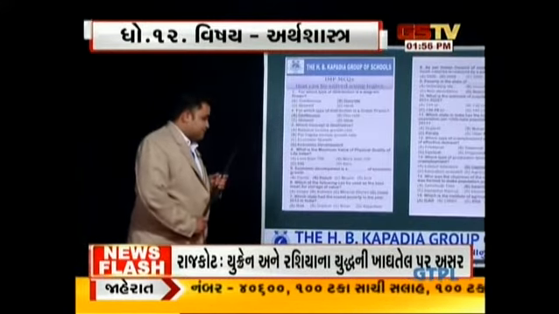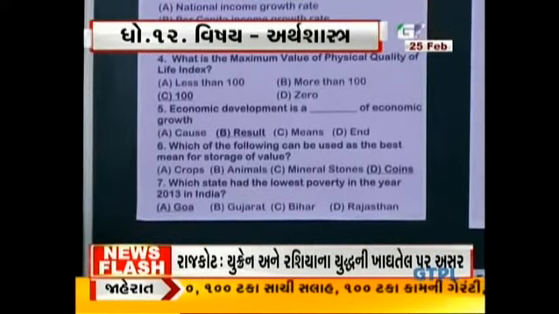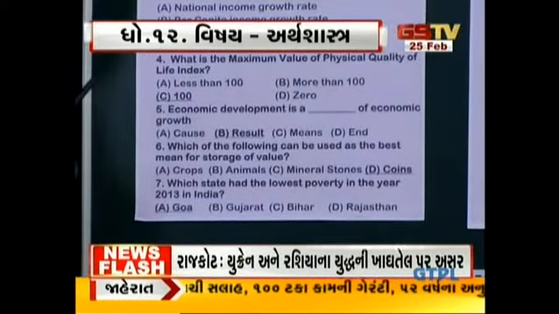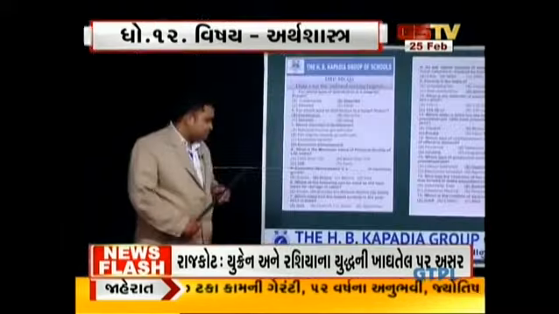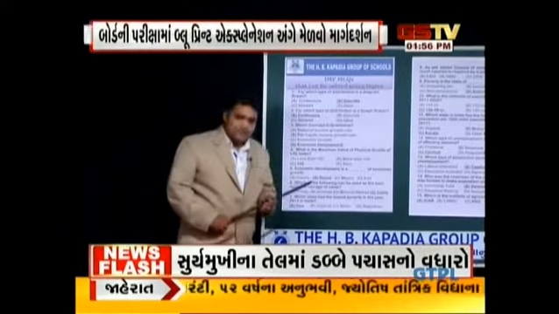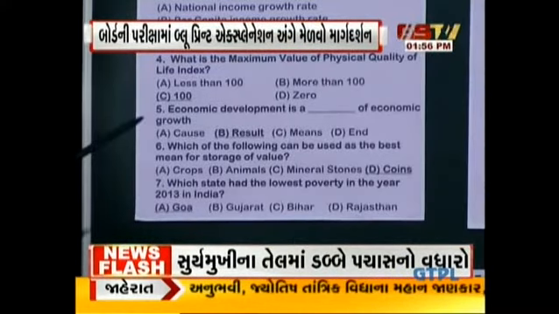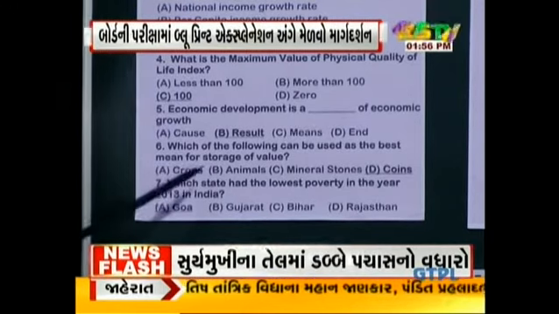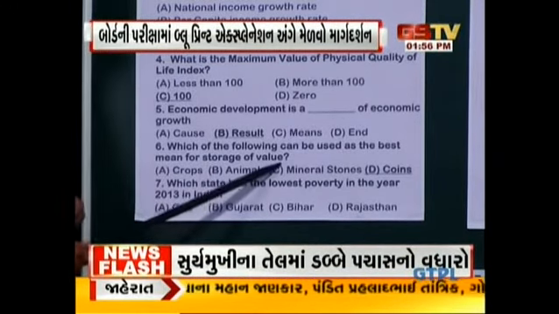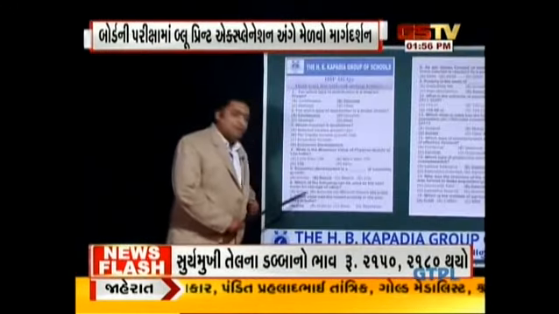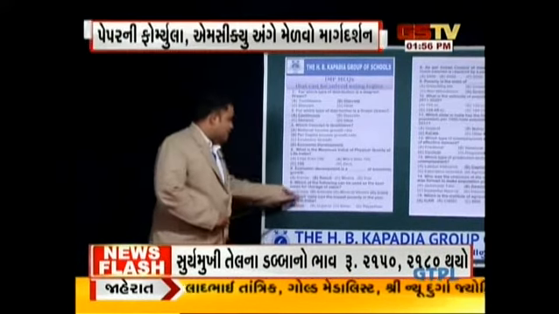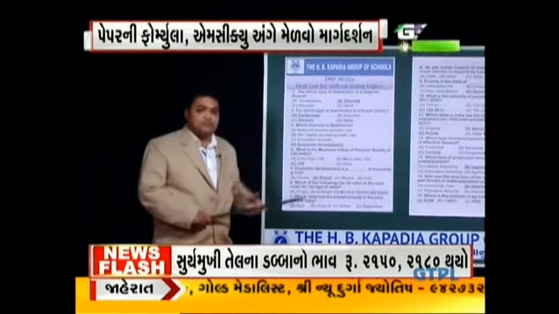We move to the next part. Which of the following can be used as the best means for storage of value? Look at the options. First is crops. Now please concentrate. They are talking about storage of value. Up to which time and for how long can you store the crops?